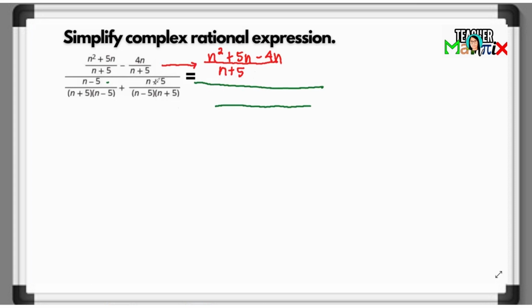Just like what we did in the first part, having the same denominators, it also appears in the next expression. So copy n minus 5 times n plus 5. Or you can exchange them. You can write n plus 5 before n minus 5.